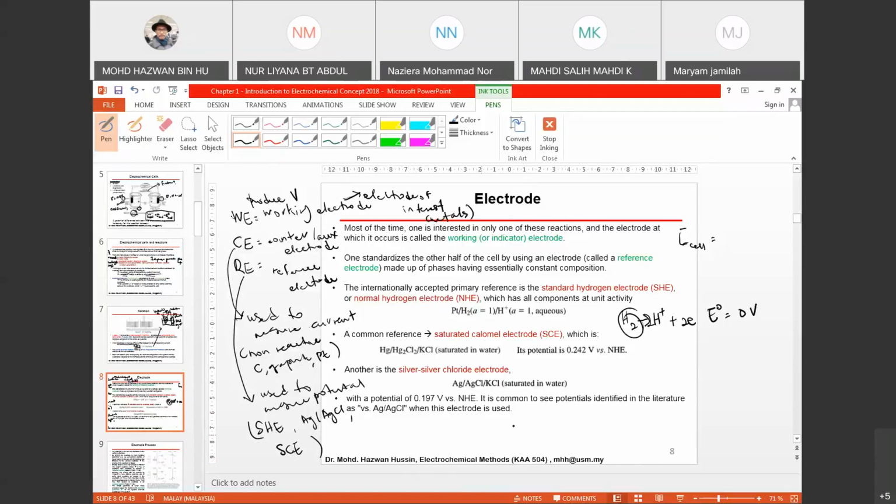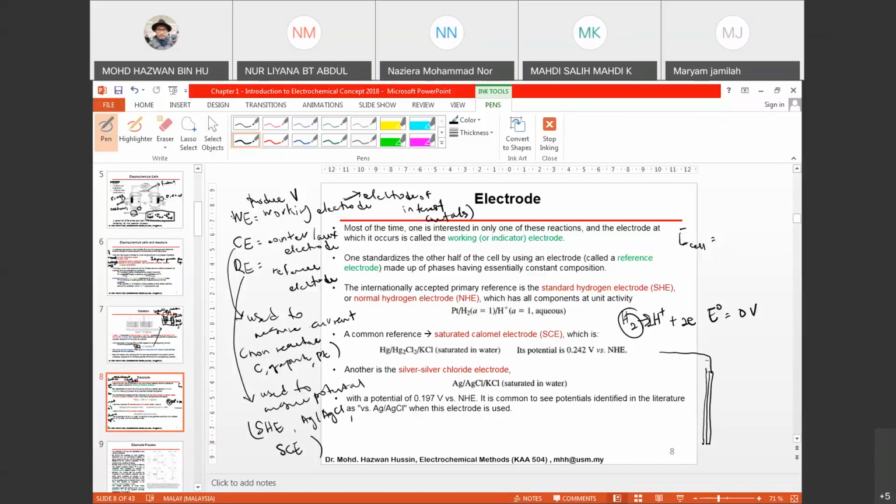Okay, so for silver chloride, what will be the anatomy of these electrodes? To produce a silver chloride electrode is very simple. Even you can produce it by yourself. I remember during my PhD time, I produced my own silver chloride electrode. It's very easy. You have a wire, and then you just solder it to a silver wire. You solder it, and then you put it in a capillary.